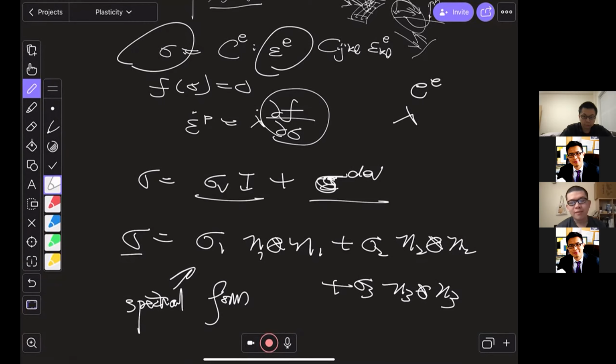So I need to be more careful about the wording. But continuum mechanics, I don't think we have time to talk about it. If I keep talking about it, it would probably take 2 days nonstop, 48 hours. I probably can finish everything I know about continuum mechanics. I don't know that much, so 2 days may be enough. But I don't think we have enough energy here. So don't worry about it, you don't need to know it. I just want to give you a rough idea about what plasticity is. Okay. Now do you get it?